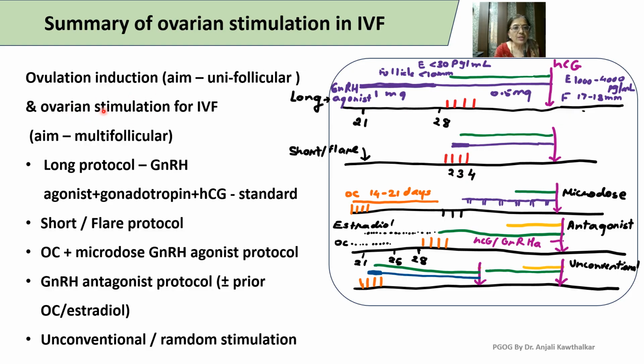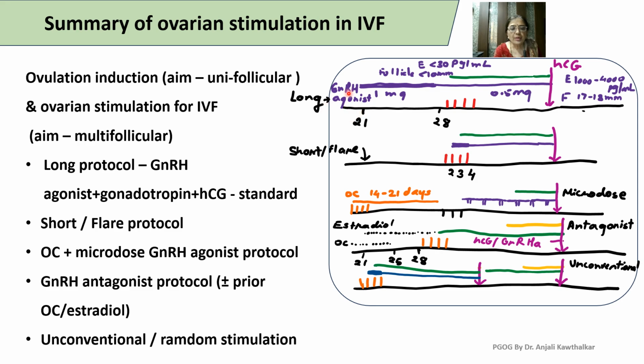But in ovarian stimulation for IVF, the aim is development of multiple follicles. So multifollicular development is the aim of ovarian stimulation in IVF, whereas unifollicular development is the aim of ovulation induction for anovulatory infertility.